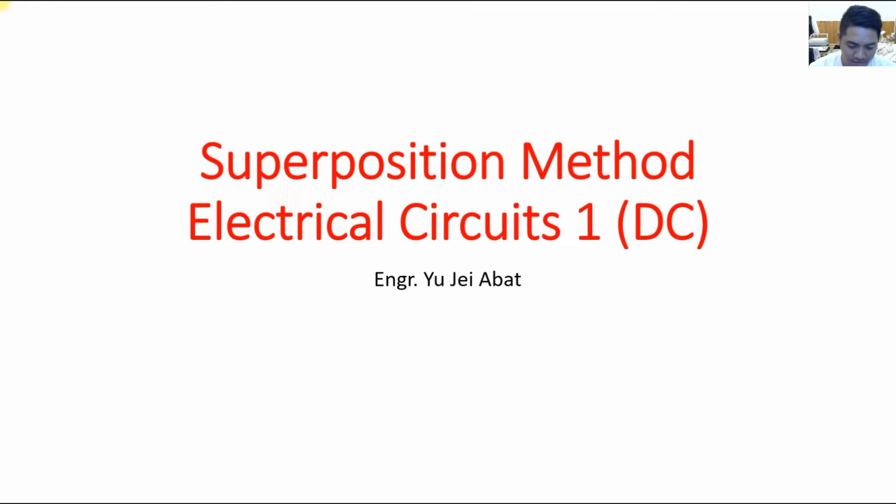Superposition method. Okay. So the importance of the superposition method lies in the concept that if there are many sources, let's say voltage source or current source in a circuit, we are going to analyze the effect of each of these sources in order to get what we are solving.